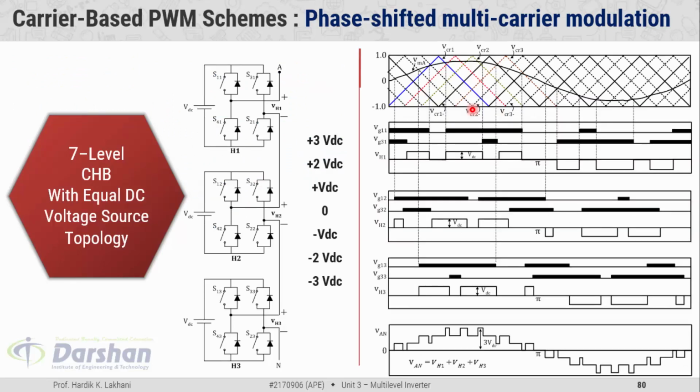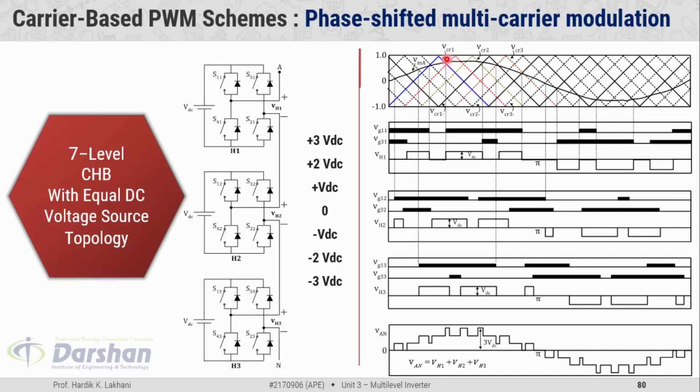In modulation, the gate signals are generated by comparing the modulating wave with the carrier signals. In the diagram shown here is the principle of the phase-shifted modulation for this 7-level CHB inverter, where 6 triangular carriers are required with a 60 degree phase displacement as discussed in the previous slide. Of the 3-phase sinusoidal modulating waves, only phase A modulating wave VMA is presented for simplicity.